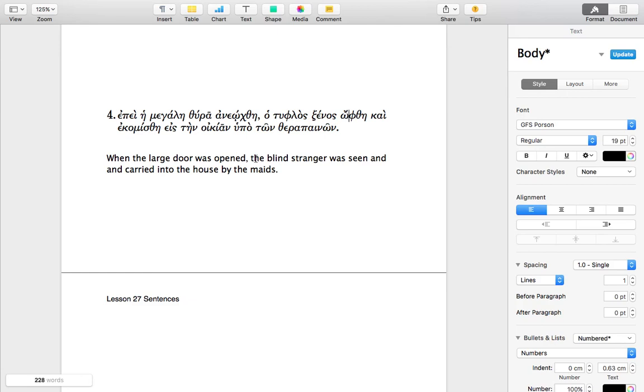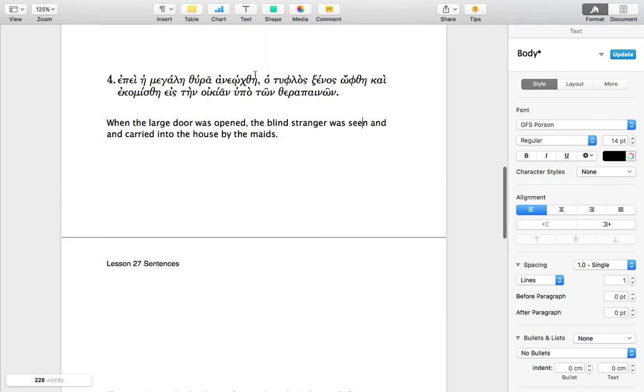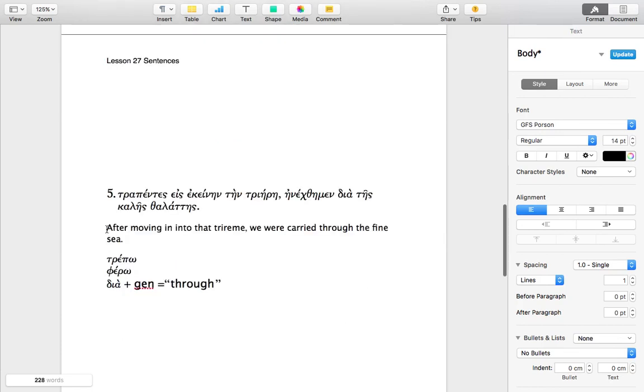The blind stranger was seen, namely by someone, maybe the maids. But at any rate, someone opened a large door, and there was a blind stranger out there that was seen and then carried into the house by the maids. Okay, again, fairly straightforward. Bunch of aorist passives, three in a row. Lots of fun.